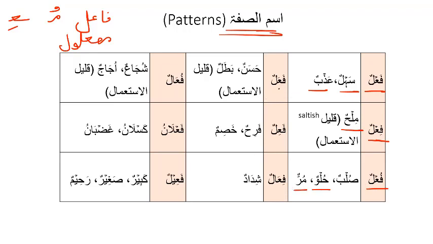Then fa'ilun, fi'alun, this comes quite often. Fa'ilun is a commonly used pattern. Fa'lanun, this is like emphasizing. So kaslanun means very lazy, ghazbanun means very angry. Fu'alun is another pattern. So the point being that ismul sifa can be found in many different patterns.